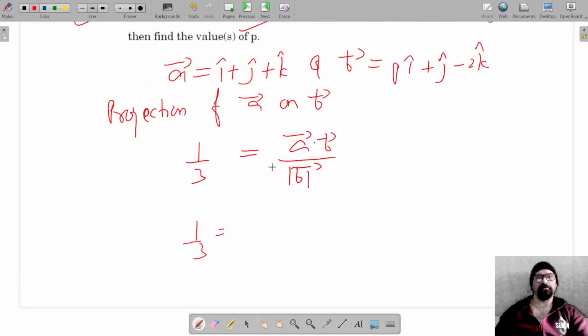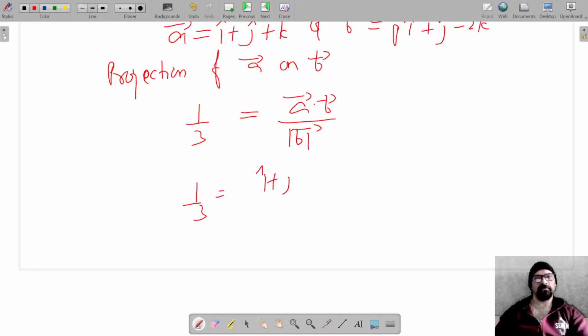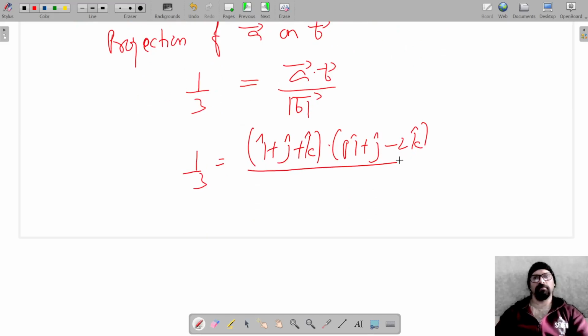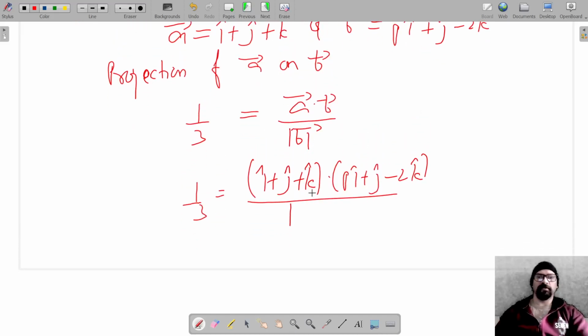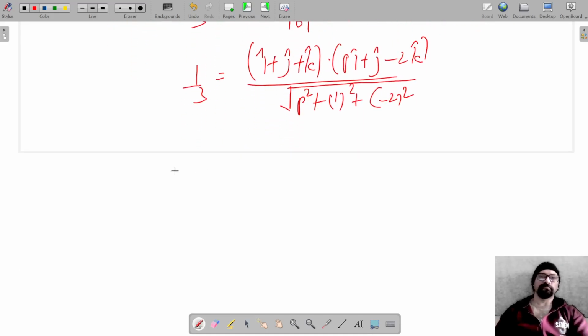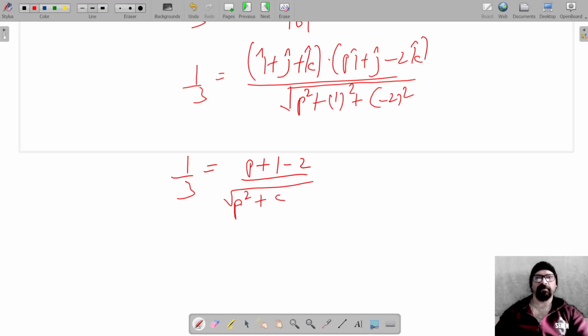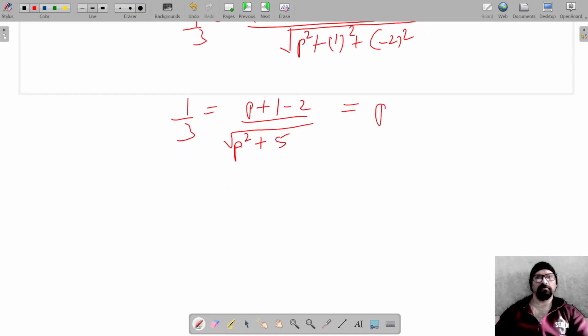So 1 by 3 is equal to the dot product of A vector, i cap plus j cap plus k cap, with p i cap plus j cap minus 2k cap, upon the magnitude of B, which is under root p squared plus 1 squared plus (-2) squared. So 1 by 3 is equal to (p plus 1 minus 2) upon under root p squared plus 5, which is equal to (p minus 1) upon under root p squared plus 5.